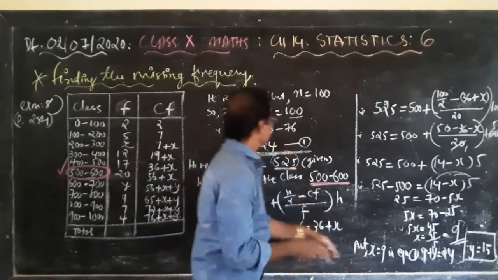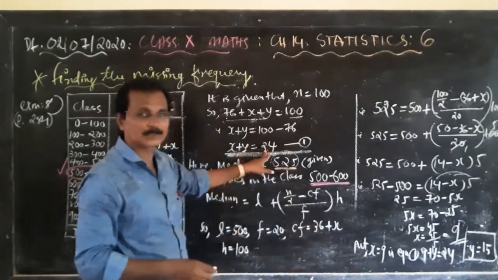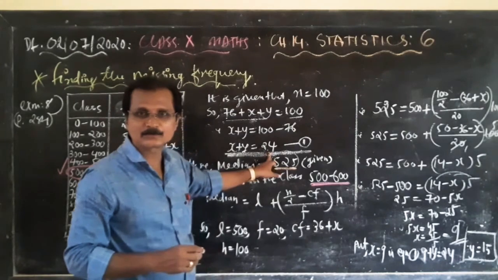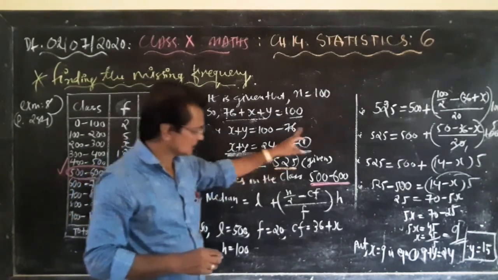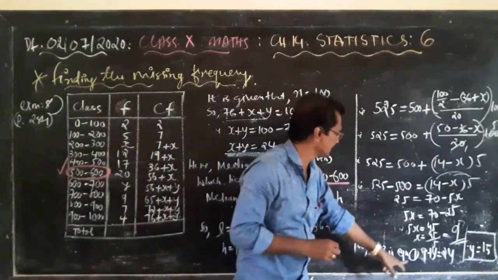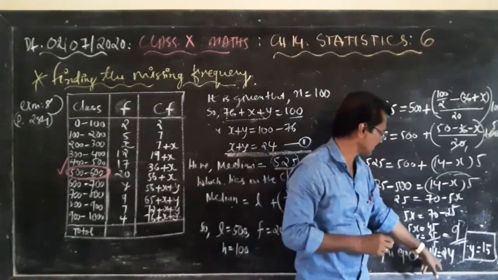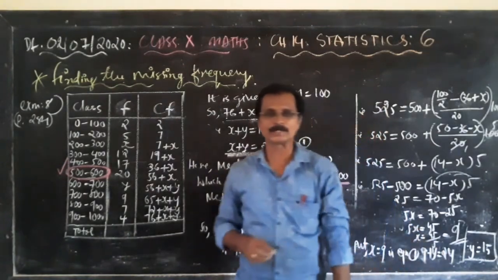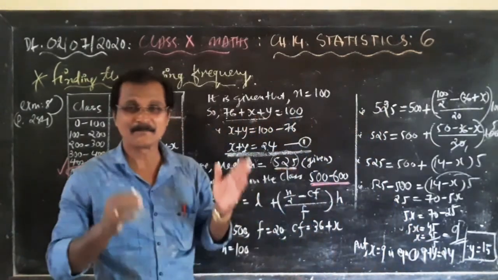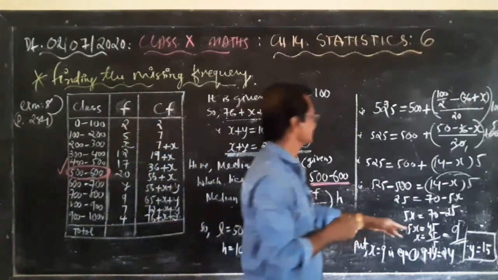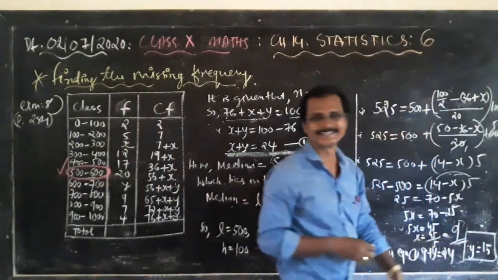Now see, I have told you we have already another equation, x plus y equal to 24. So put that x equal to 9 in equation number 1, that is 9 plus y equal to 24, or y equal to 24 minus 9, that is equal to 15.